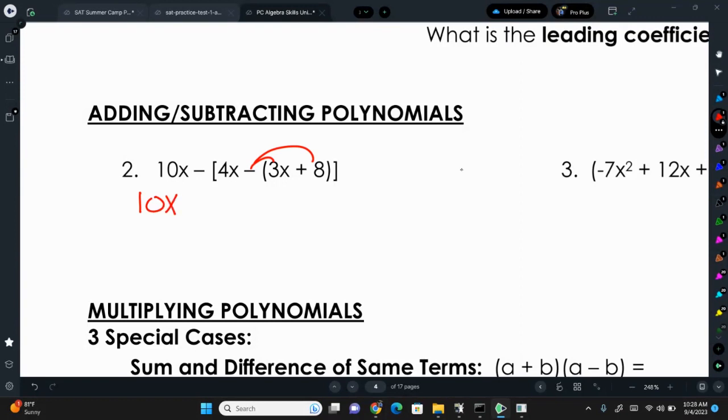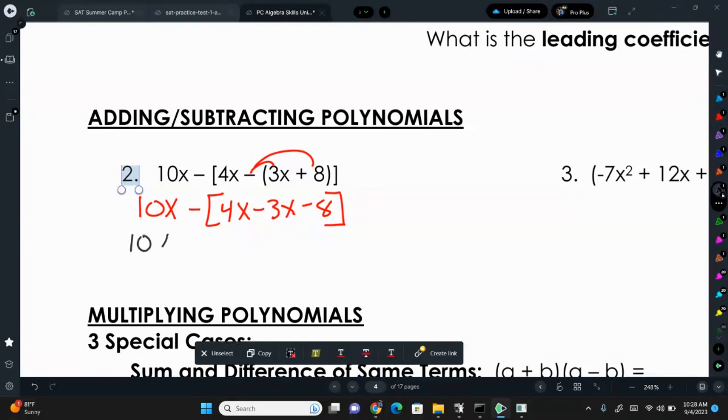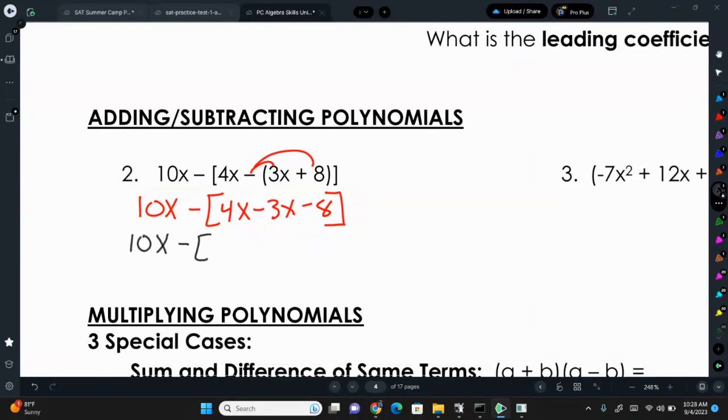We have 10x minus, and then in brackets, or you can change it into parentheses if you want. So now we have 10x minus 4x minus 3x is 1x, and then we have minus 8.